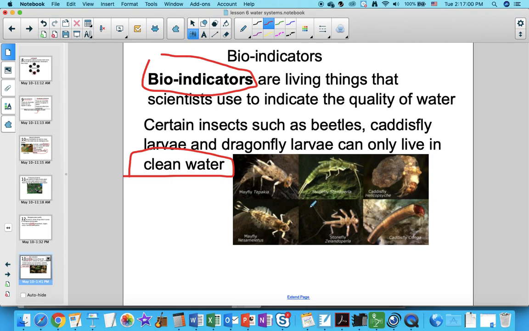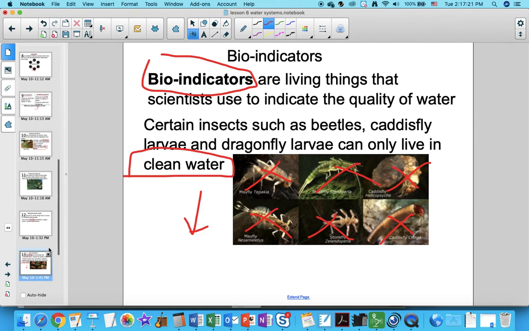If the water's quality starts to lower, these animals start to die off and you don't find them. And so scientists will take samples of rivers, streams, and lakes to see if these animals exist. If they don't, that means something's happening to the water, making it dirty. And so these bioindicators can indicate whether or not the water is clean, hence the name.